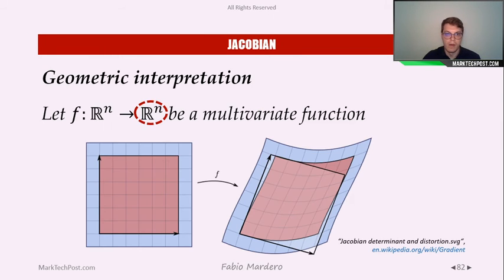The Jacobian has a particular geometric interpretation that will be exploited in the next course, talking about probability and change of variables in statistics. Imagine here we have f that goes from Rn to Rn, the same space. So we are doing a change of variables. Then, for example, given these two vectors, the function gives us this deformation.